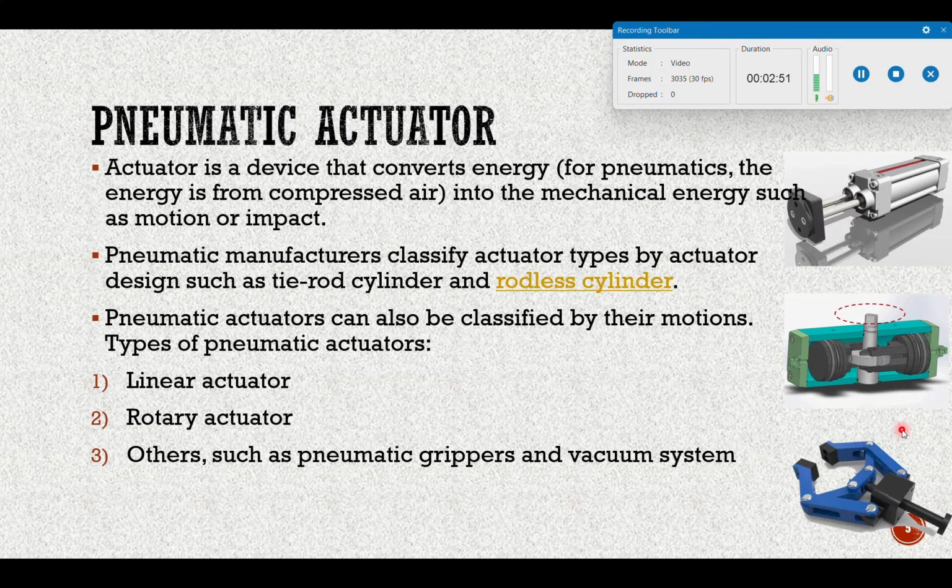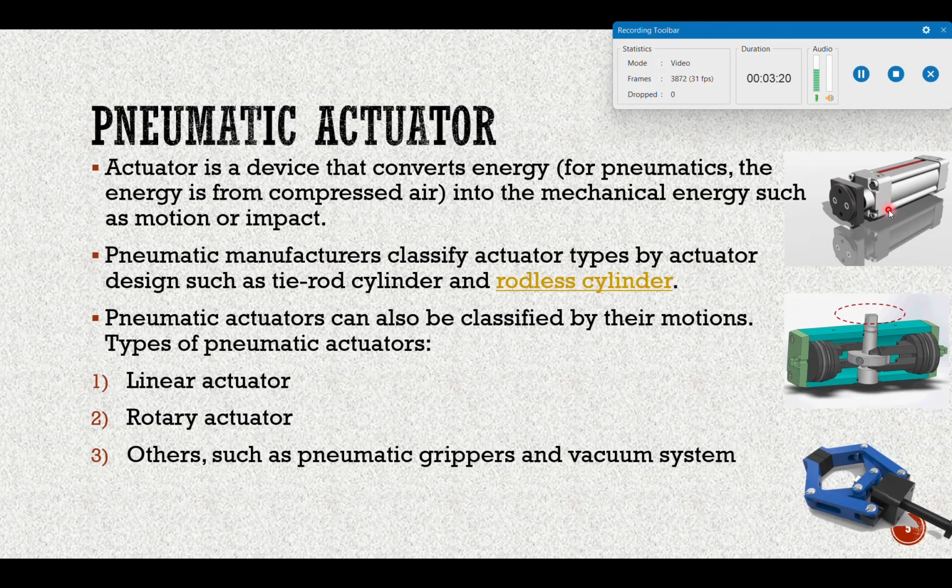Pneumatic manufacturers classify actuator types by actuator design, such as tie rod cylinders or rodless cylinders. We're going to look into videos on rodless cylinders later. Pneumatic actuators can also be classified by their motion, either linear actuators or rotary actuators. We could also have grippers and vacuum systems as well.